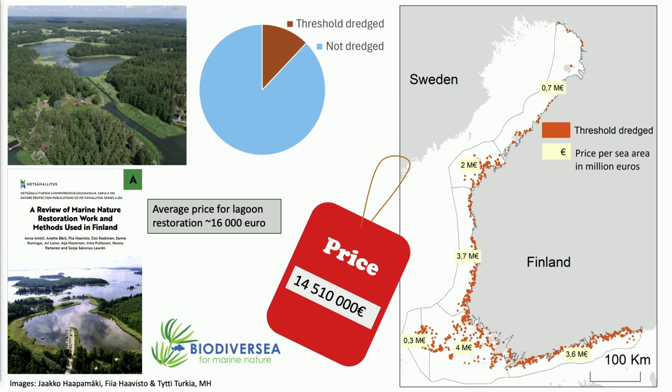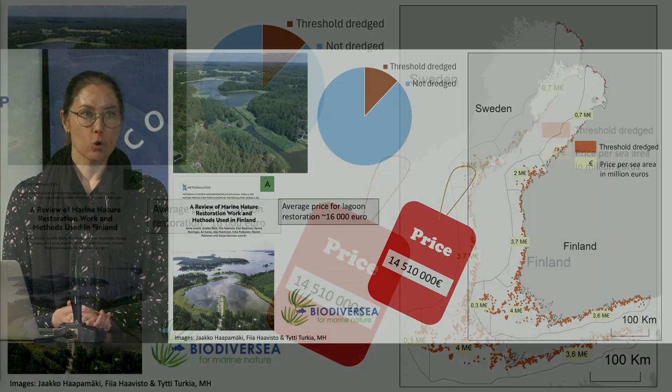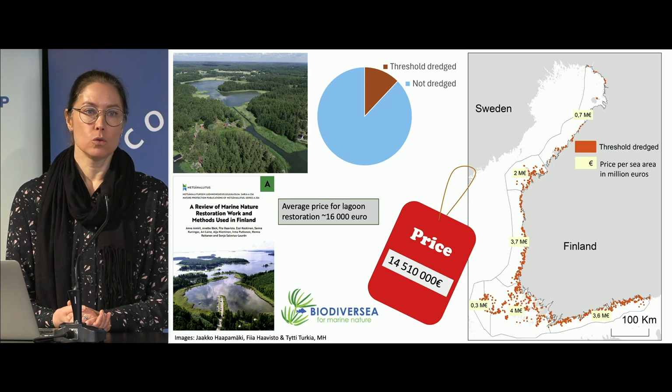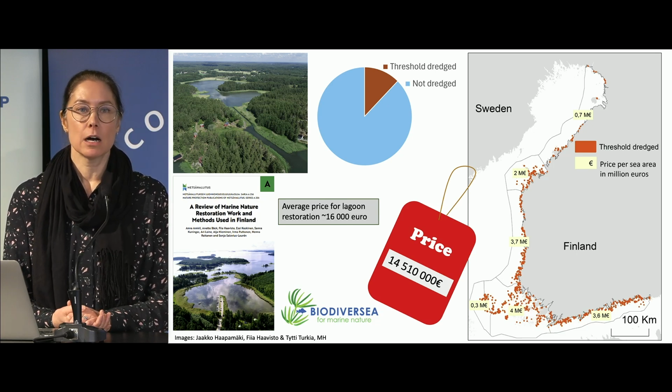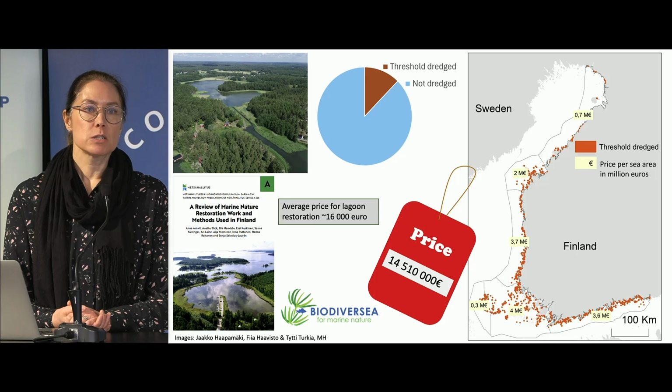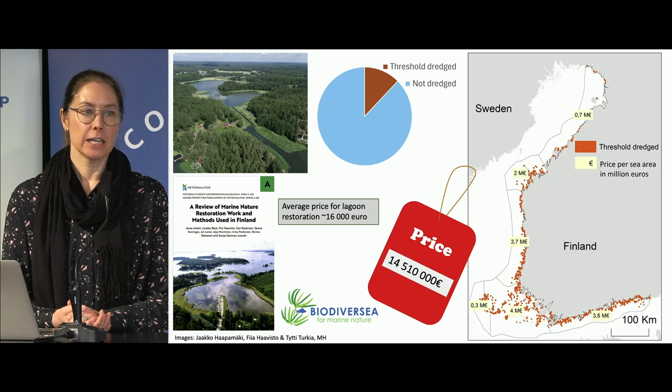One lagoon restoration would be approximately 16,000 euros. You're looking at a total price tag of 14.5 million euros just to restore all these coastal lagoons. And on the map, you can see how this price would be divided between different sea areas in Finland.